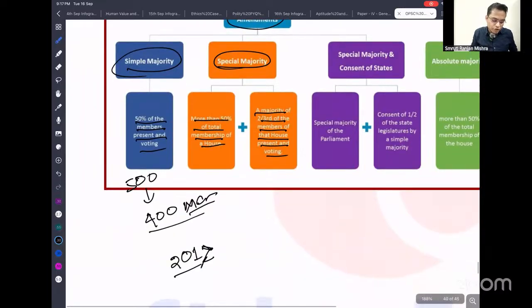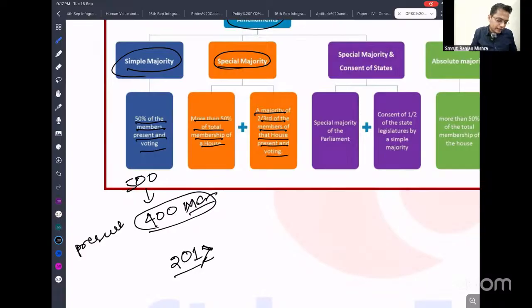So present how much? Sorry, present are 500, and 400 are voting. So 2/3 of the members present and voting, so 2/3 of the 400.